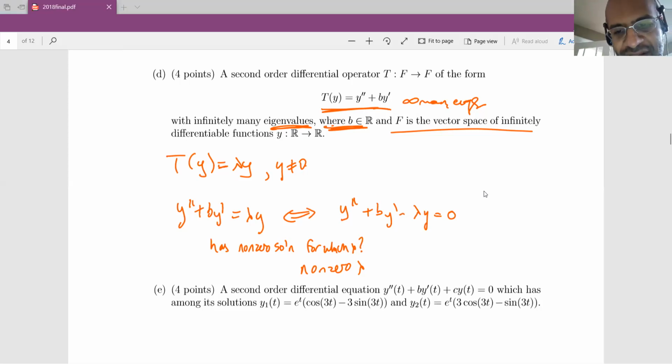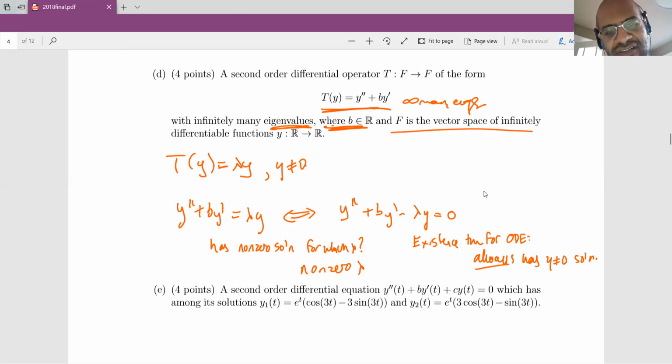So actually, by the existence and uniqueness theorem for ODEs, it always has a solution. So actually, the answer to this is, for any b, all real numbers are eigenvalues. It's a boring answer.